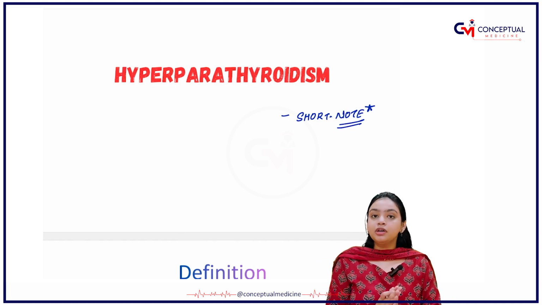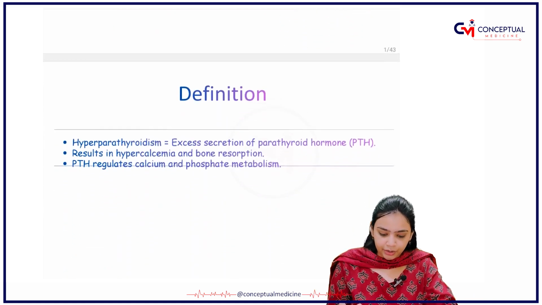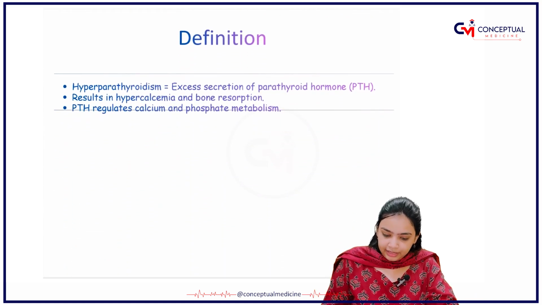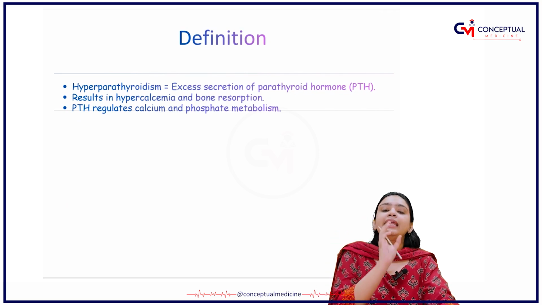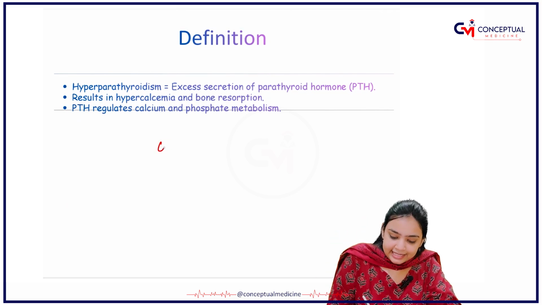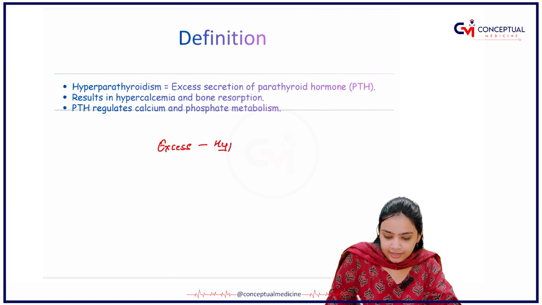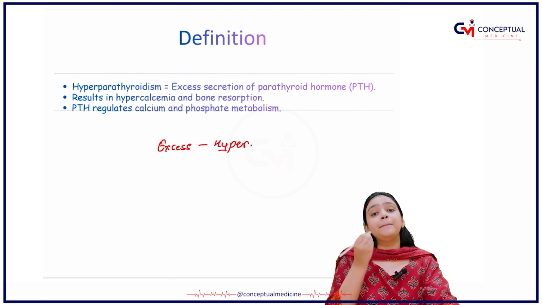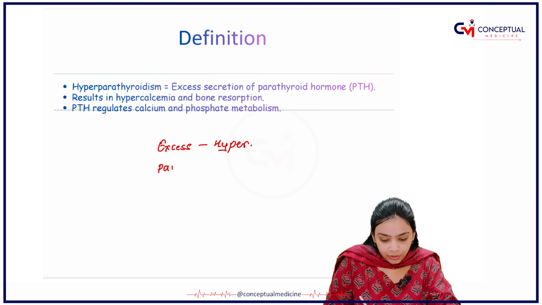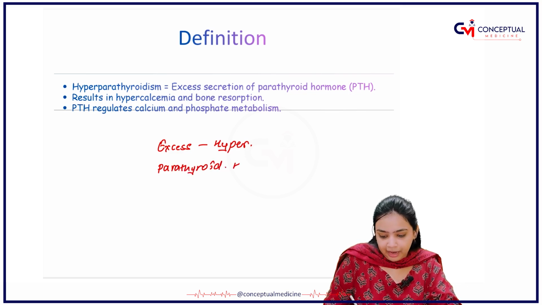Let's start. First we have hyperparathyroidism. If I tell you the definition, anything hyper means there is excess. Parathyroid, we have a parathyroid gland and parathyroid hormone.